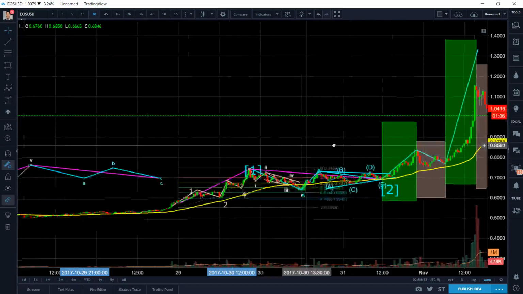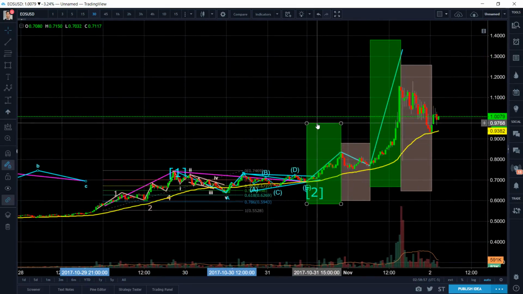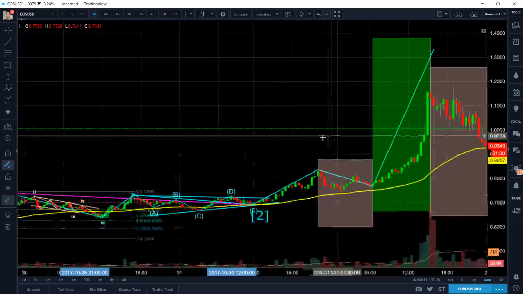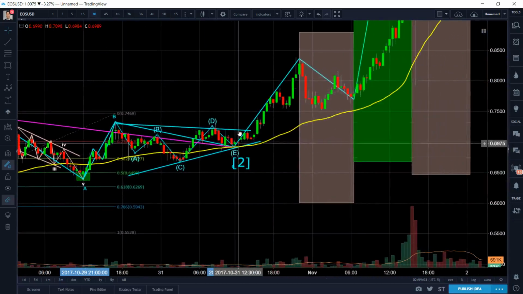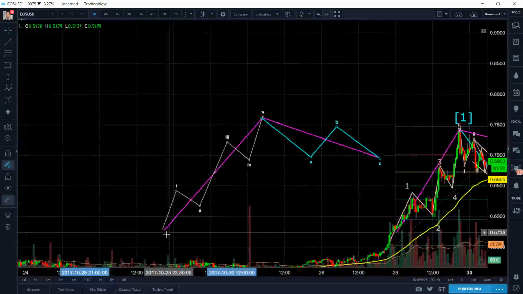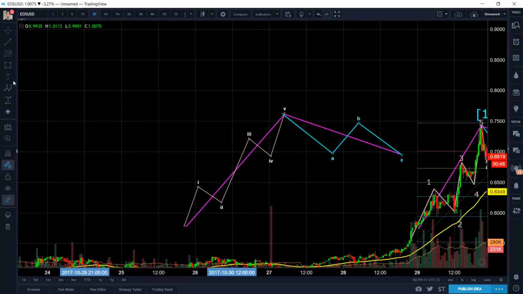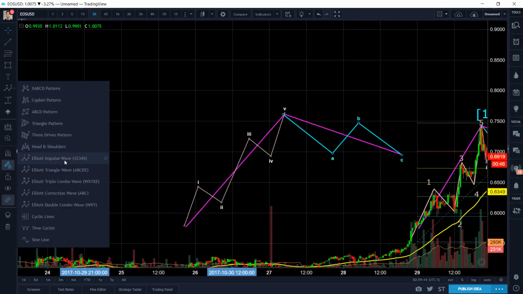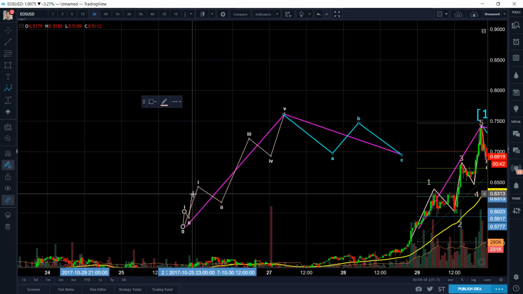I know it looks like a mess, right? But that is what Elliott Wave traders do. Okay, now let's look at this specific structure right here. What is this particular wave? Sometimes within a wave like this, for example, you have 5 waves. But then also, sometimes within a small wave, this one, you also have 5 waves like that.